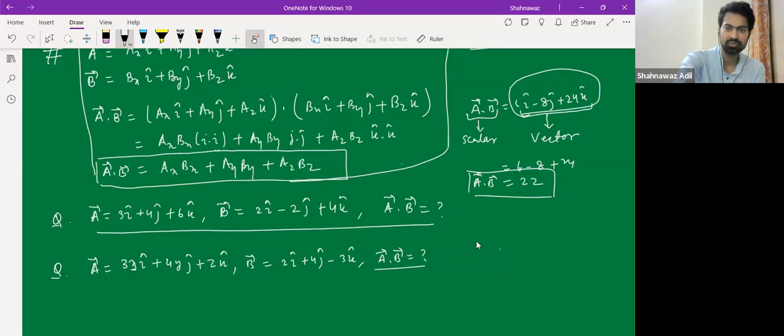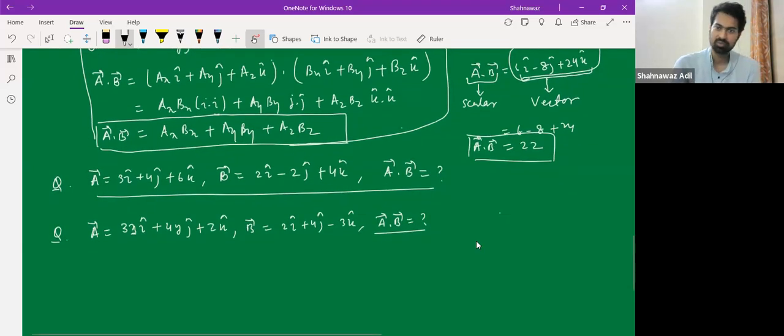So 6x plus 16y minus 6z. And this is half the answer.